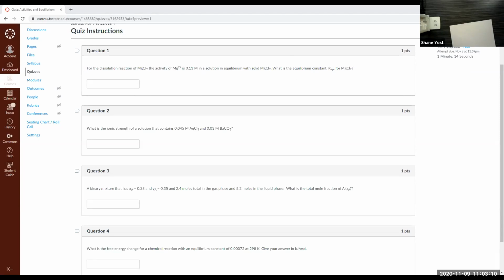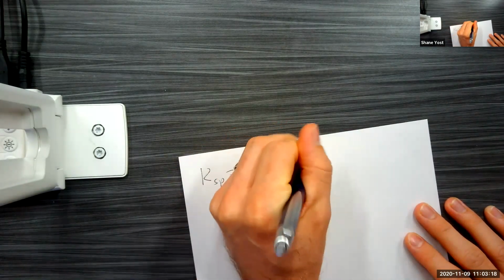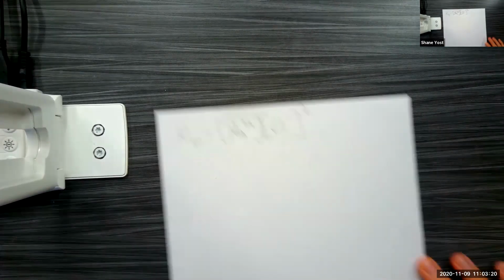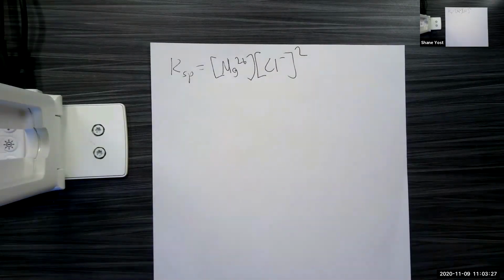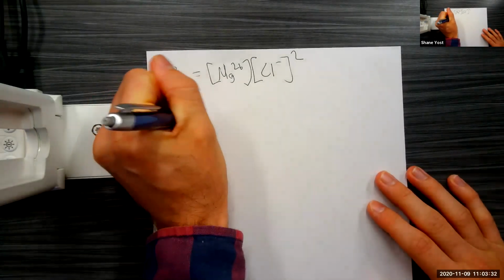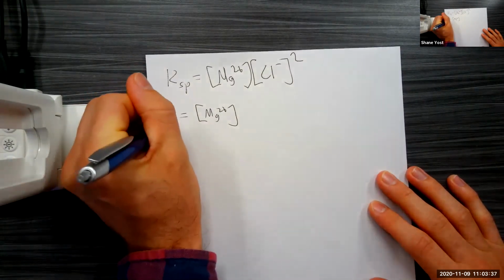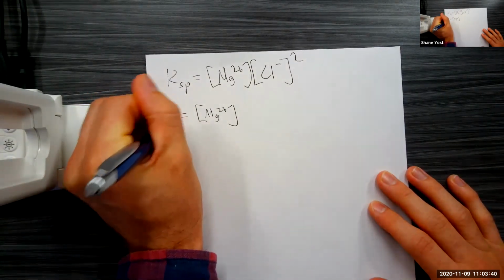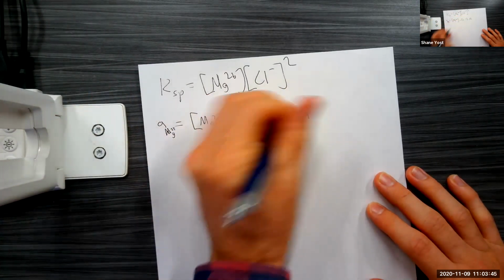the expression for KSP for that reaction is the concentration of Mg2+ times the concentration of Cl minus squared, right? And then again, you're told the activity was 0.13 molar. You're told that the effective concentration of Mg2+, the activity, is 0.13 molar.